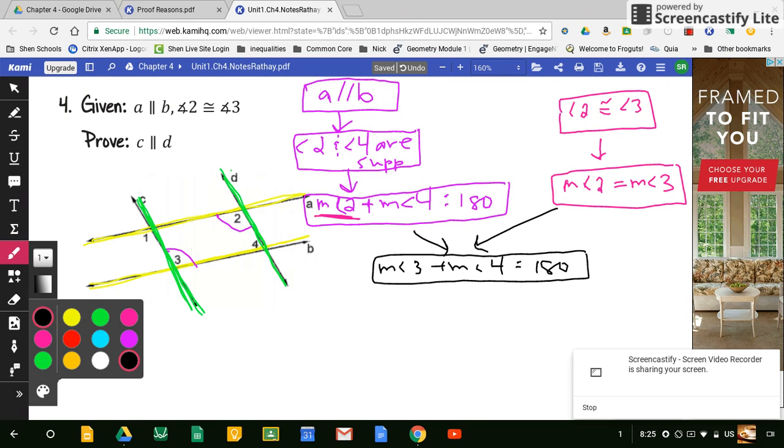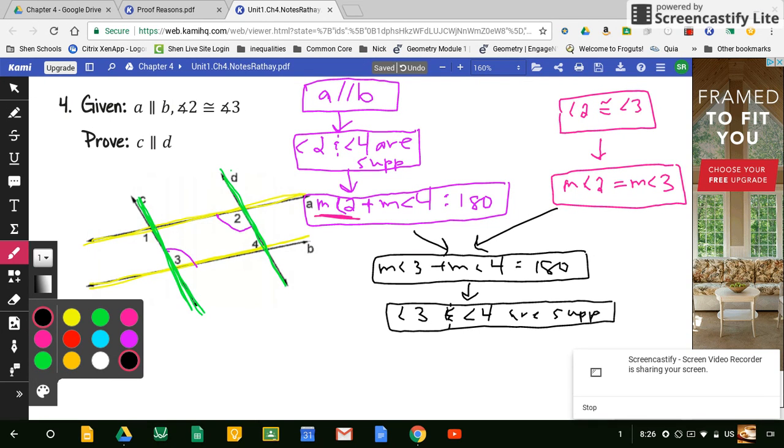Now to get parallel lines, I need to say that those angles are supplementary. So I'm going to get that out of the equation and switch it back to a sentence. Angle 3 and angle 4 are supplementary. And our reason here is supplementary angles are 2 angles whose sum is 180 degrees.